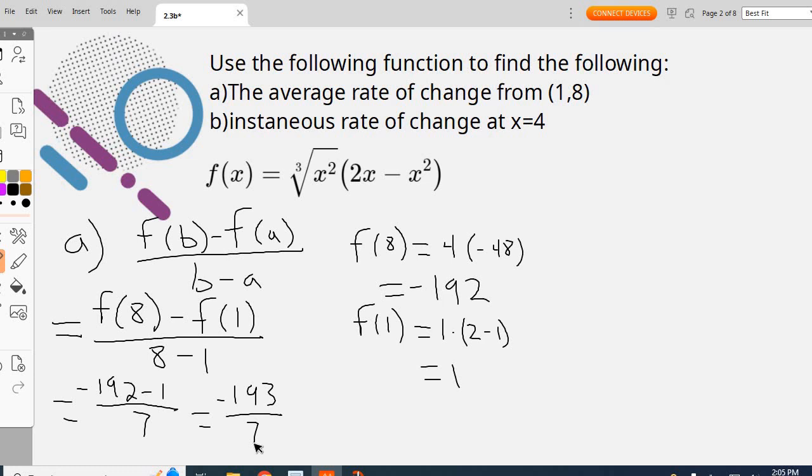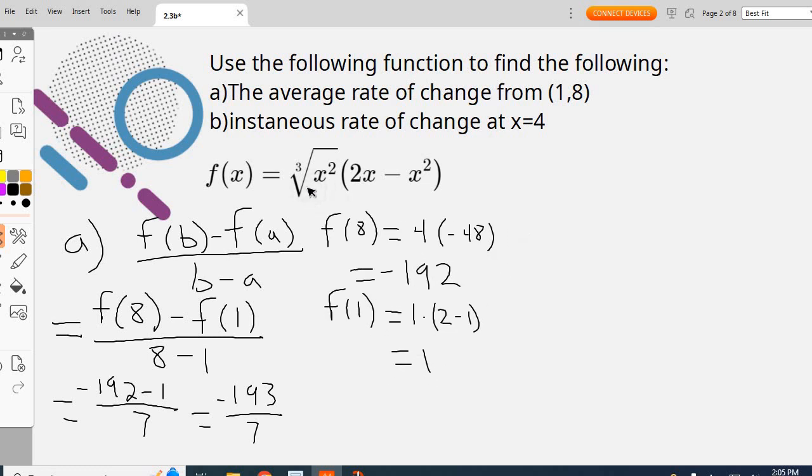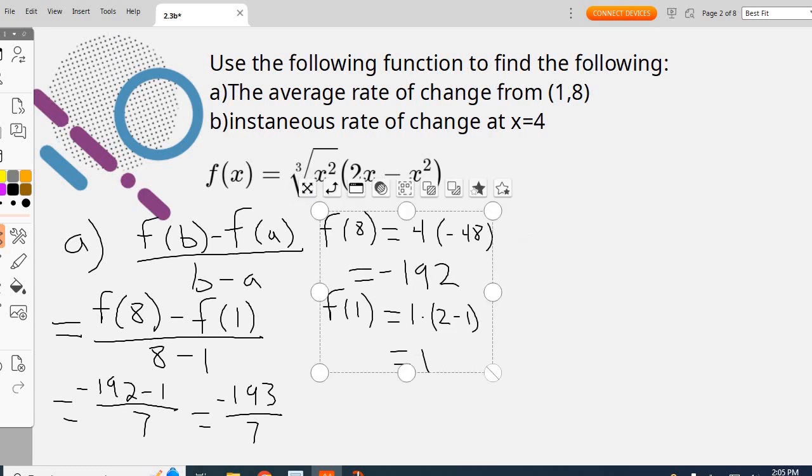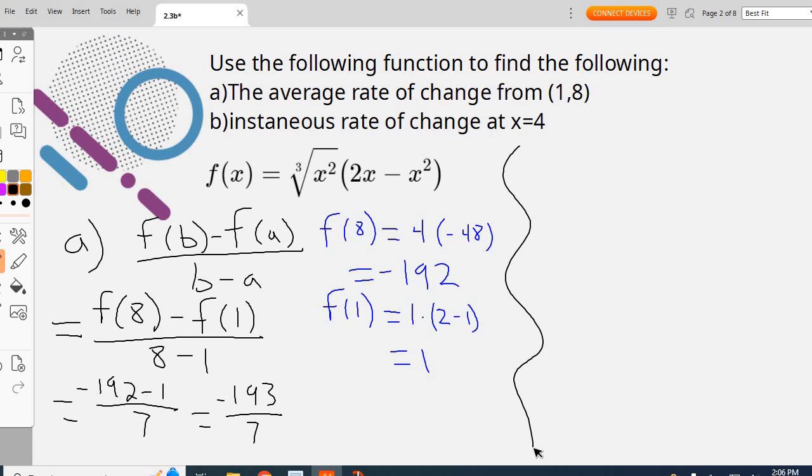Now, on part B, what do they ask us for? On that one, they actually ask us for the derivative. So what do we need to do first? I want to plug 4 into the derivative.